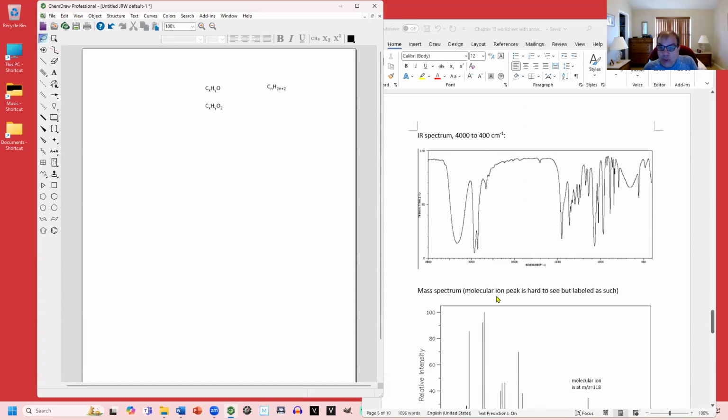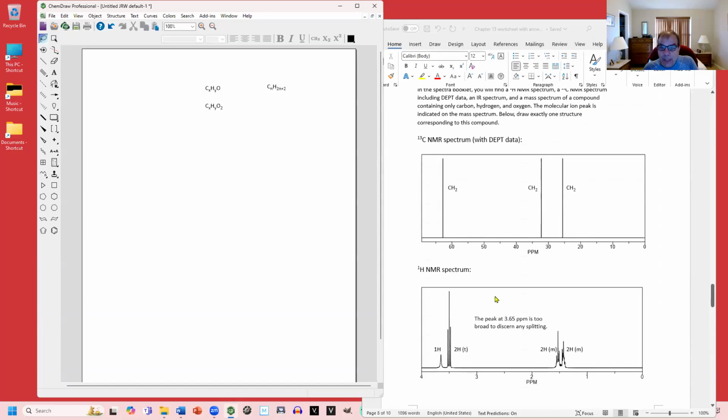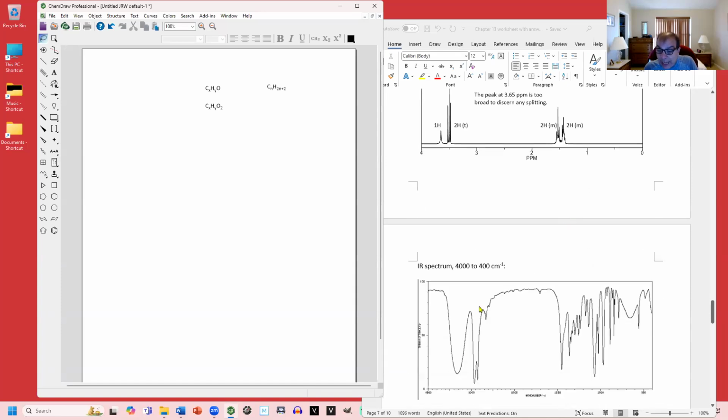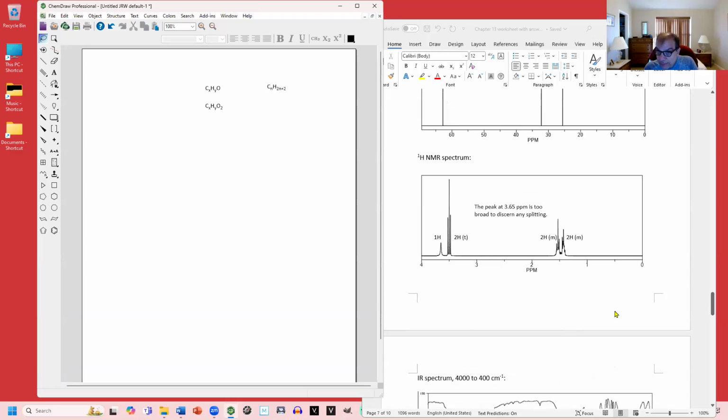So we need to come up with a reasonable structure for C6H14O2. Now let's look at what else we have. We have the carbon NMR and the proton NMR. We have the DEPT data for the carbon NMR, which says we have only 3 types of carbon and they're all CH2s. So how can we have all CH2s? It means there's no CH3s, no CHs, and no quaternary carbons. We also have to allow for an OH group since we have clearly an alcohol per the IR spectrum.